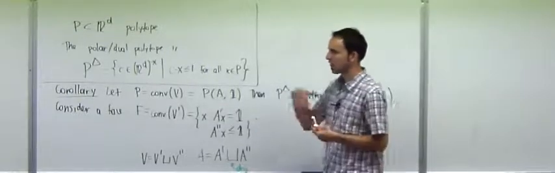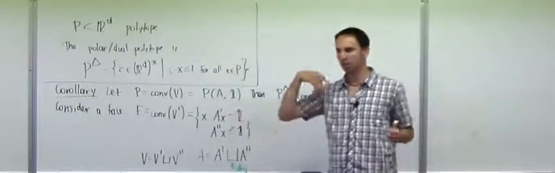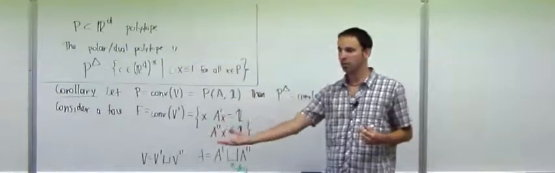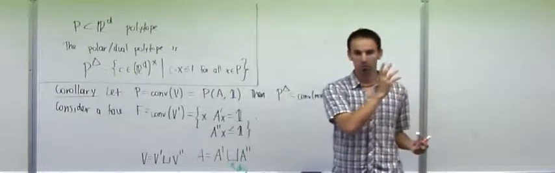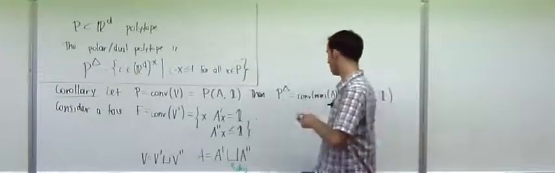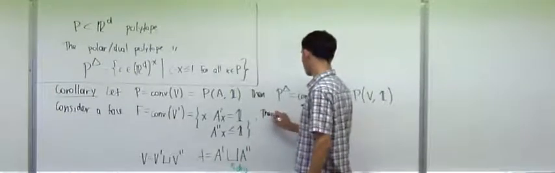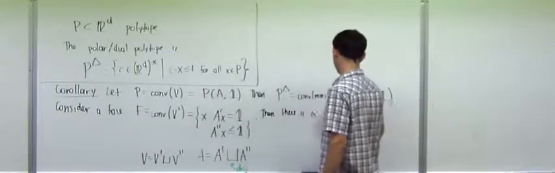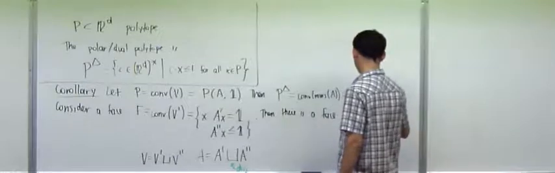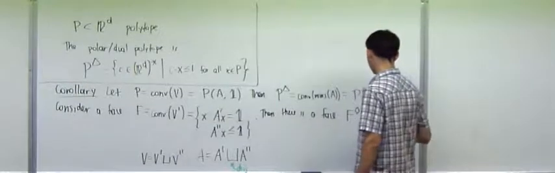So what I'm saying is I have a polytope P and its dual, and now I'm taking a face F in P, and what I claim now is that there is a dual face, which I'm going to call F with a diamond here.